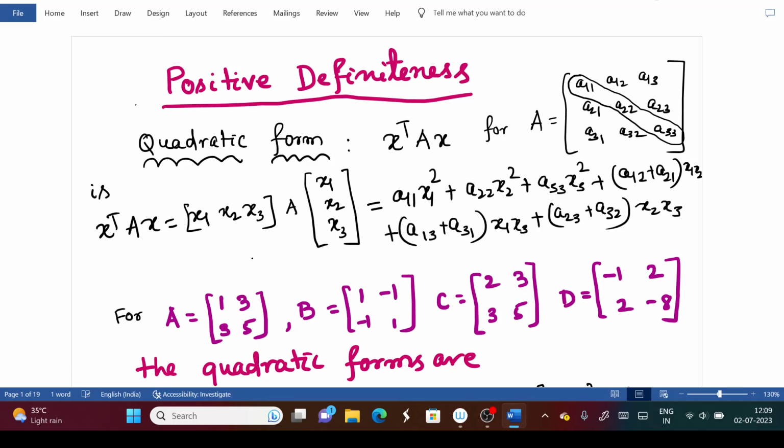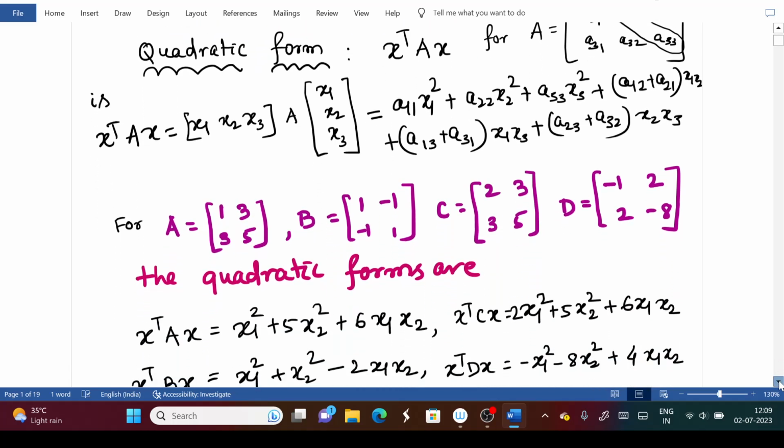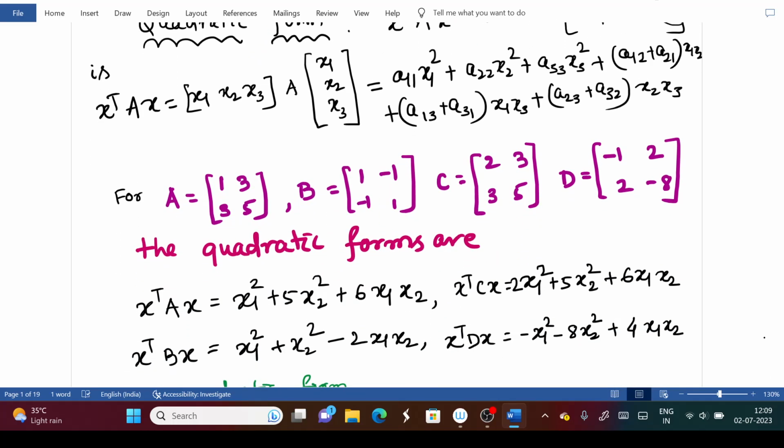Now consider these 2 cross 2 matrices. How do we find the corresponding quadratic forms? Here X transpose AX is equal to 1 into x1 square plus 5 into x2 square plus 3 plus 3, that is 6, into x1 x2. Similarly, for B it is 1 x1 square plus 1 x2 square minus 2 x1 x2.